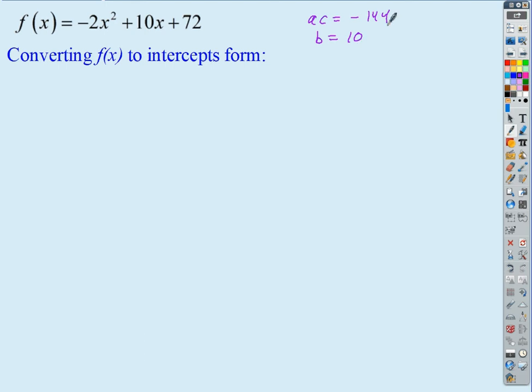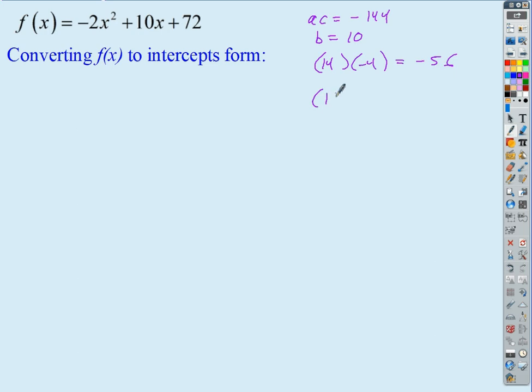So we could start with something less than that. Like we could start with positive 14 times negative 4, right? And what does that multiply to? So that's going to be negative 56. So it's way too small, so we've got to push it up a little bigger.